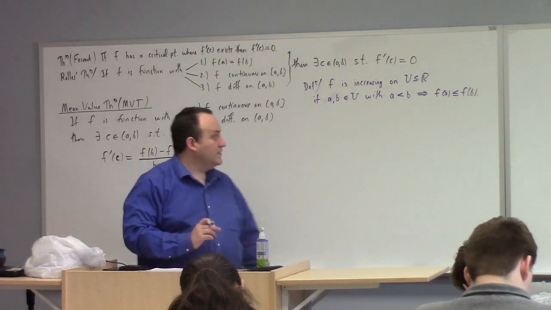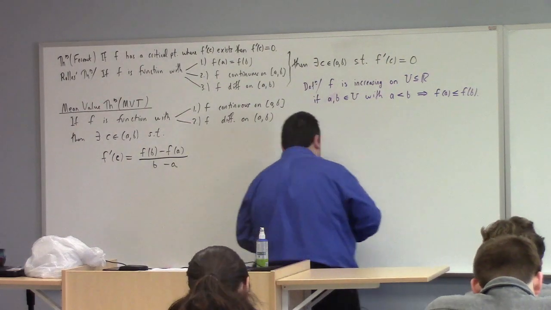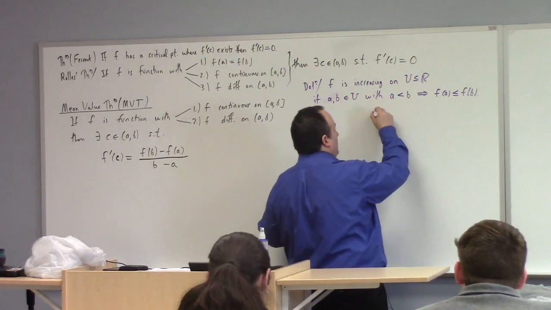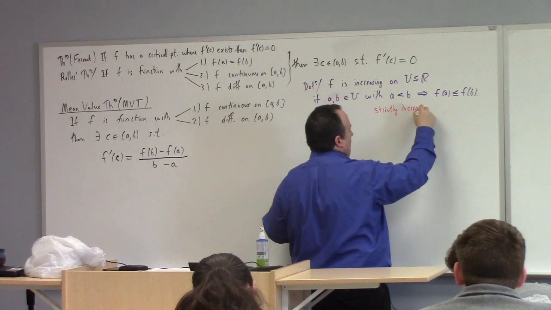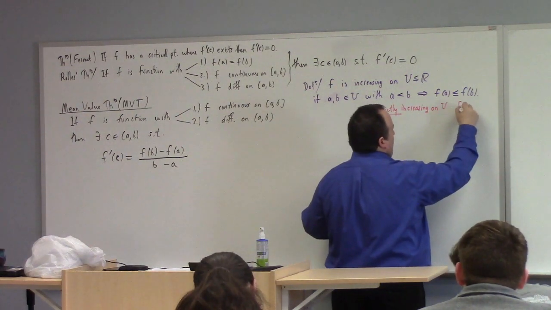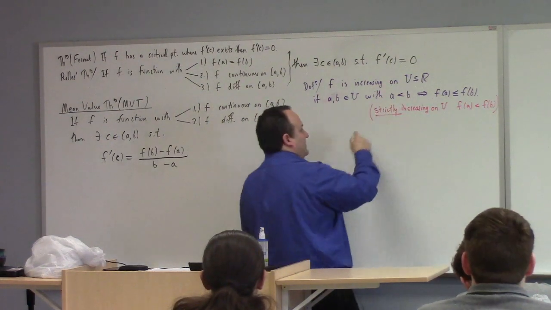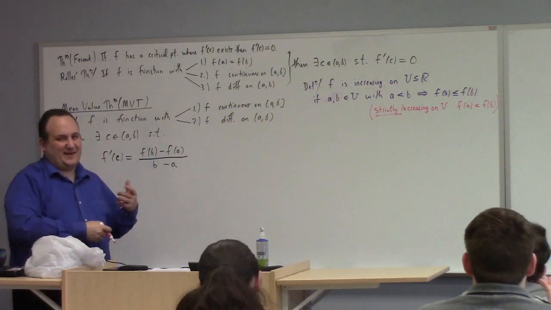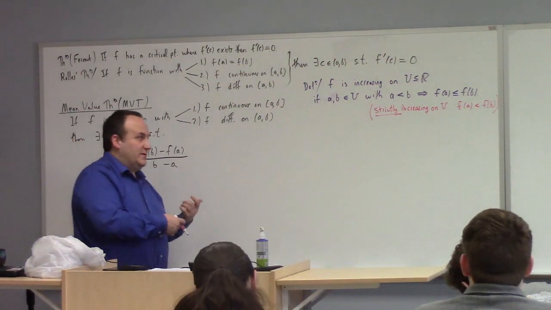Now, if instead of increasing you wanted strictly increasing on U, then that would give you f of a is less than f of b instead. So strictly increasing would mean that if you have a less than b, it implies f of a is less than f of b, but increasing allows the possibility of equality.